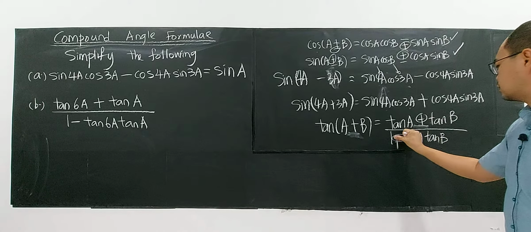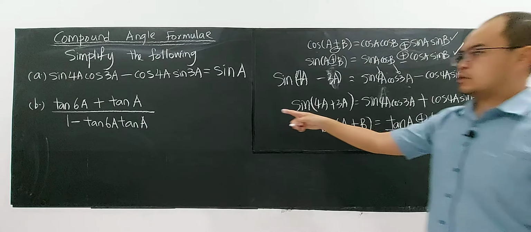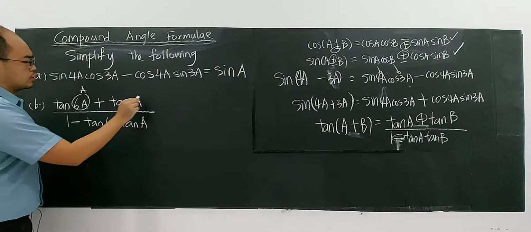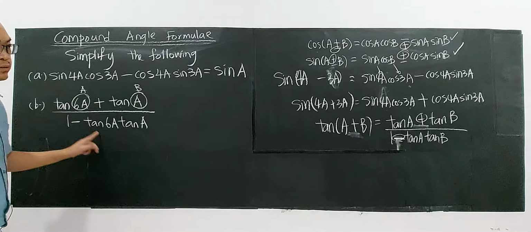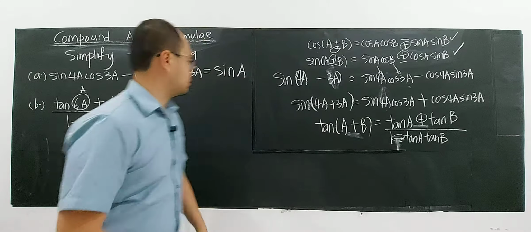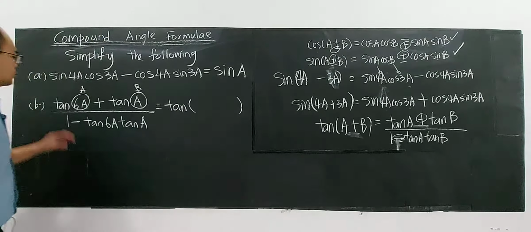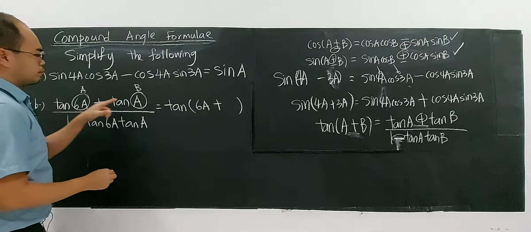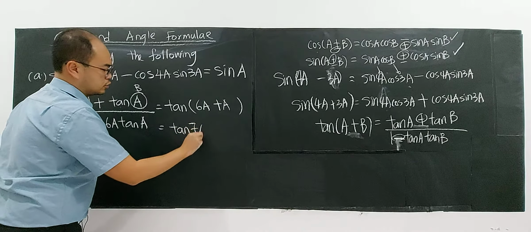Comparing with this, this is your A and this is your B: tangent A plus tangent B over 1 minus tangent A tangent B. So you can rewrite the whole thing as tangent(A plus B). Your A is 6a and your B is a, so you simplify and get tangent 7a.